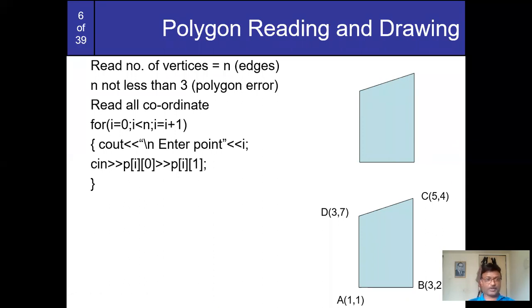Close your for loop. Again, go for P of I0. Correct, I0 means what? This I is what? The last point when this loop is terminated. So what is your value of n? N is 4. Once the value becomes 4, is 4 less than 4? No, 4 is not less than 4, so that is going to exit.